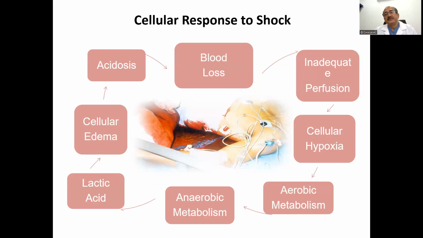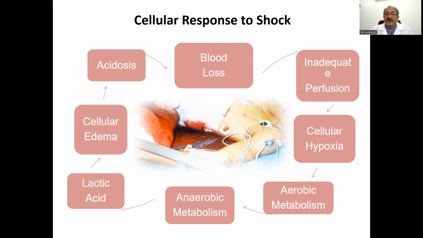What happens if we look at the cell level? Previously we discussed loss in the major vessels. Definitely, shock develops when cellular changes are observed. What happens? Inadequate perfusion to the tissue. As a result, cellular hypoxia becomes evident.